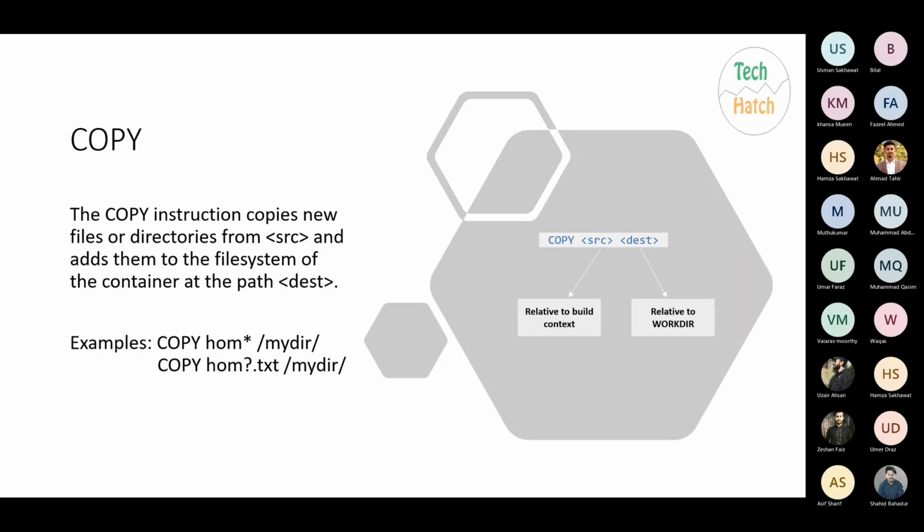If you are familiar with Docker and Dockerfile, we usually set our work directory. That's a relative path to our destination folder, where we need to copy the directories, folders, and files from source to the destination.